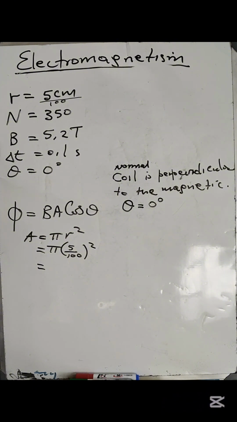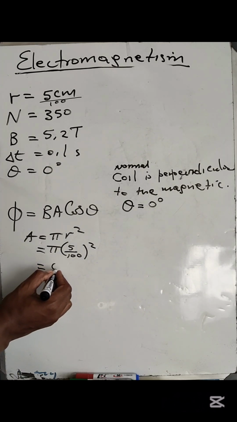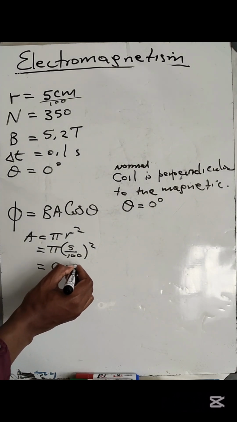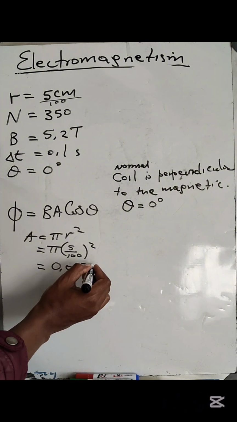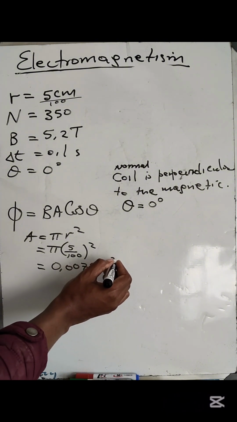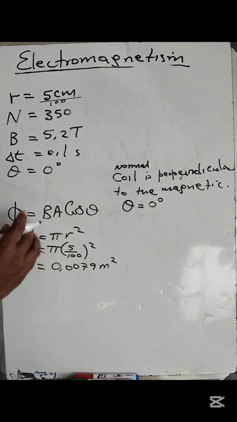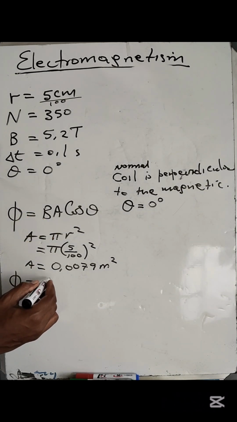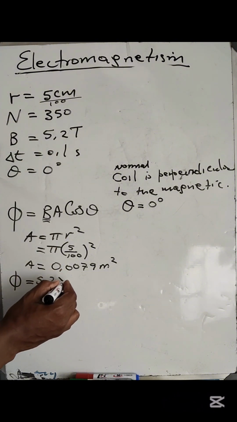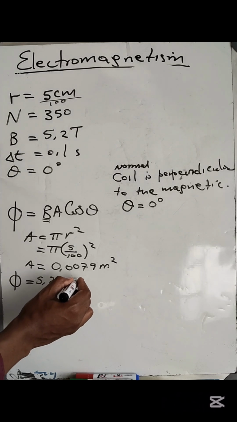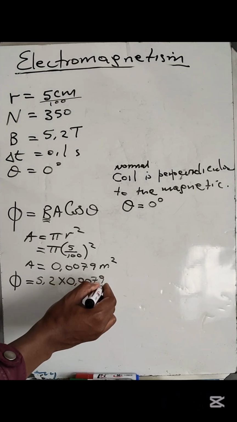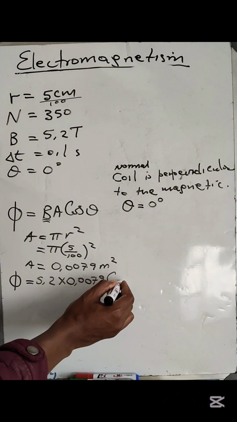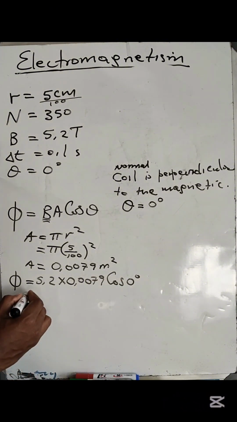The answer there is 0,0079 meter square. That is the area. So I will substitute here. The magnetic flux linkage will be: magnetic field is 5,2, the area is 0,0079, cos of the angle, we agreed that the angle is 0.